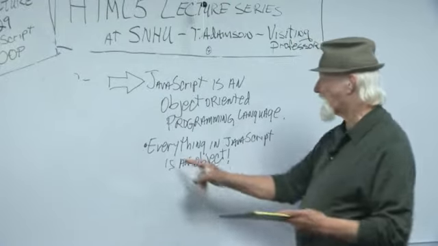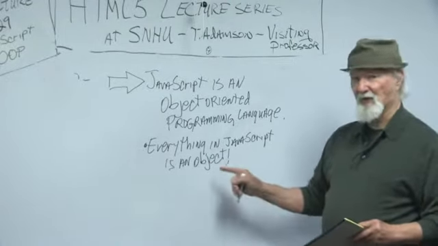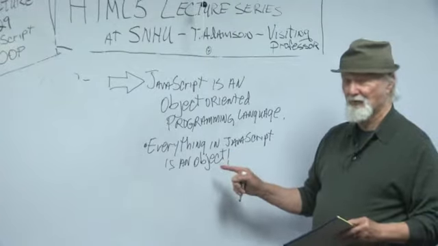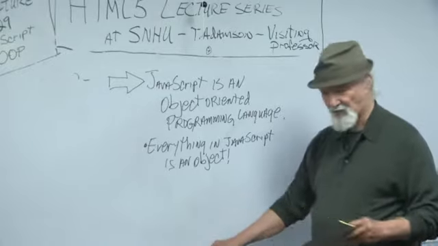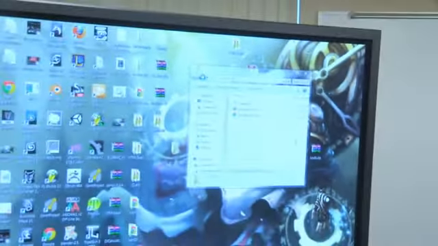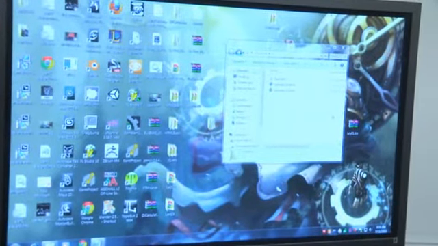Now that's quite a profound statement. If I say that everything in JavaScript is an object, you're going to say, wait a minute, that's pretty far out. You're going to have to prove that. All right, so to prove it, I'm going to have the camera go to the screen, and I'm going to do a little bit of code here.